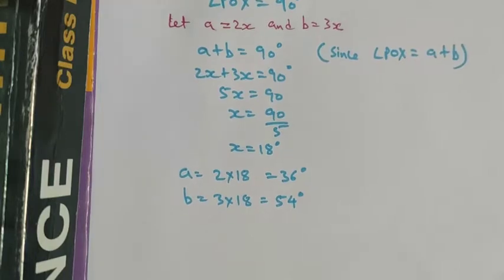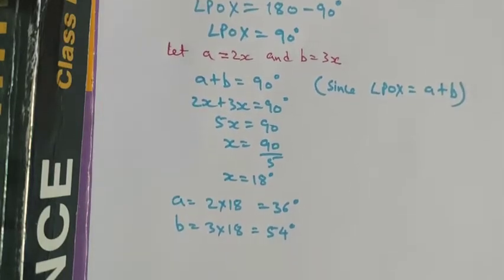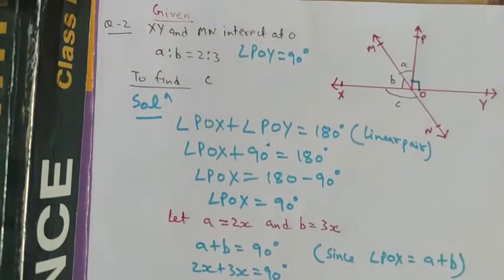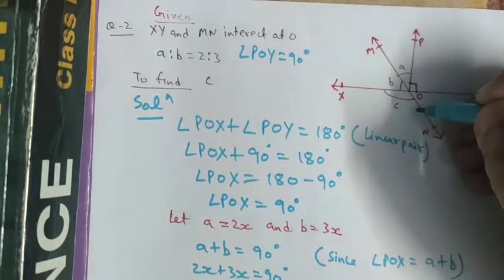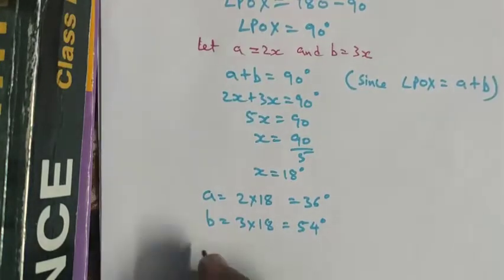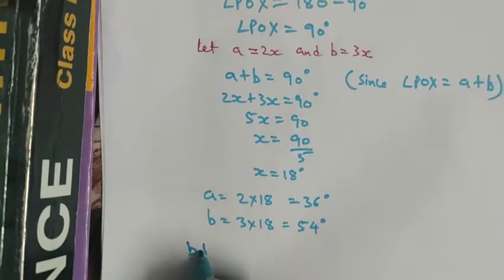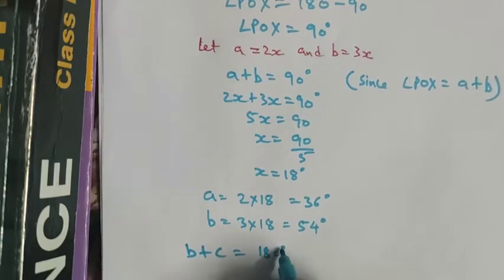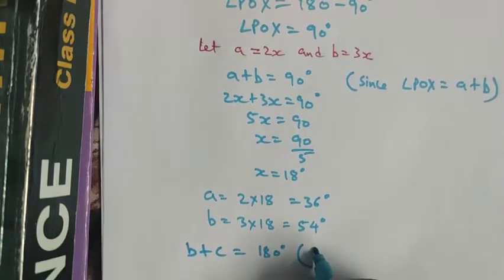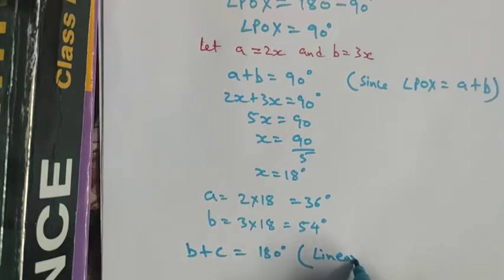So for C we can see that again MN is a straight line, so B and C will be linear pair. So we can write it as B plus C equals 180 degree, because MN is a straight line, or they are linear pair.